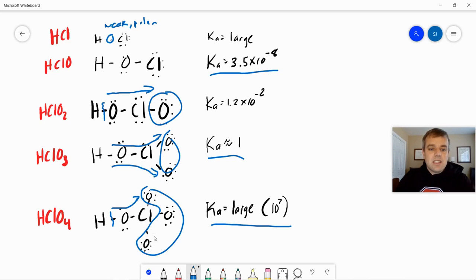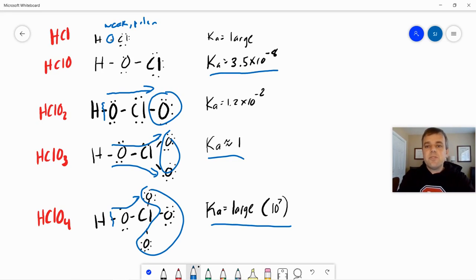These being very electronegative, this also helps to stabilize the conjugate base that's left over because when you lose the H plus, you're leaving behind an electron. And so it helps if you have a lot of electronegative stuff there to make that conjugate base very stable.